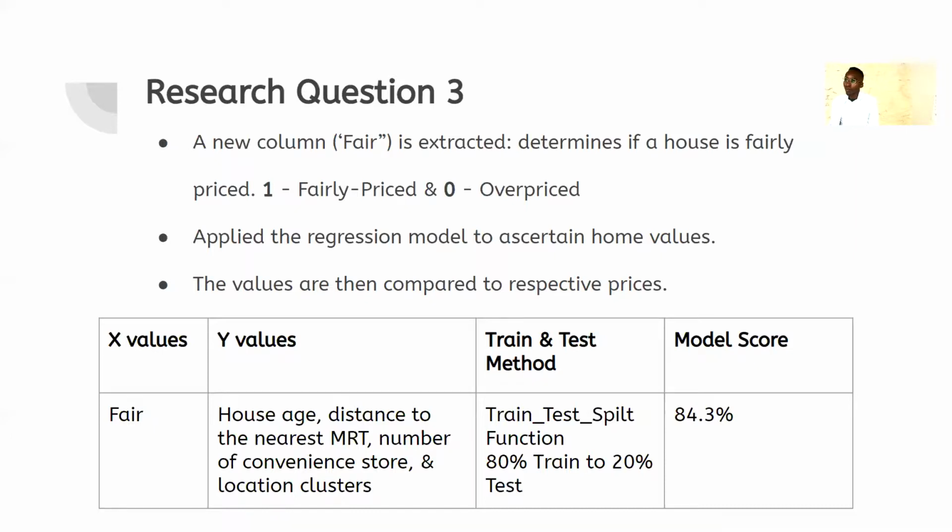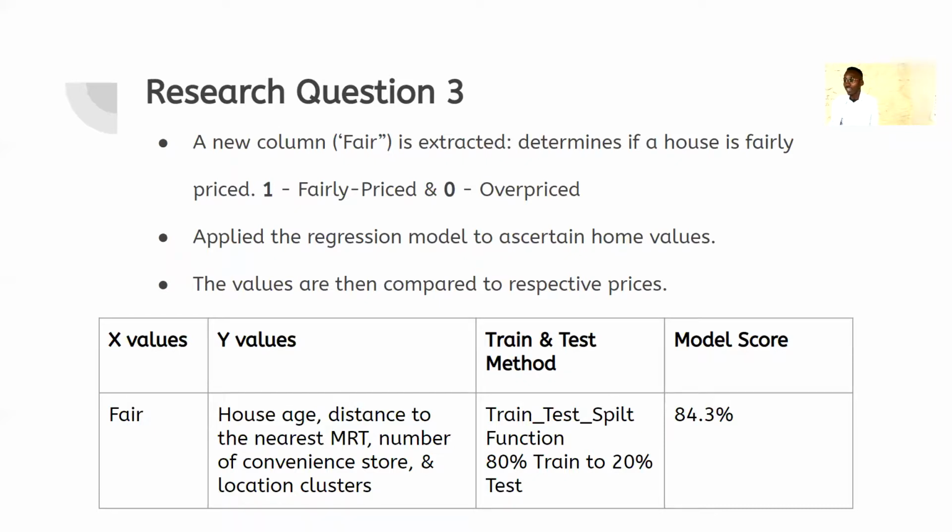Now, to create our model to determine if a house is fairly priced or overpriced, our X value array is going to be the fair column that we just created. And then the Y values are going to be the house age, distance to the nearest metro station, number of convenience stores, and location clusters. We're going to use the same train and test model as we used in our last research hypothesis.